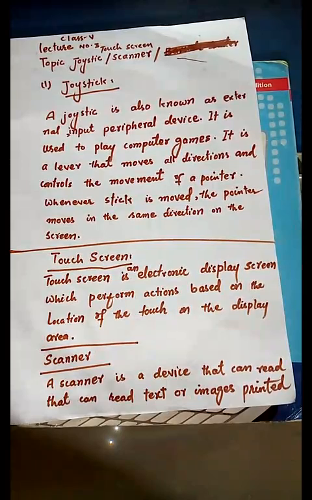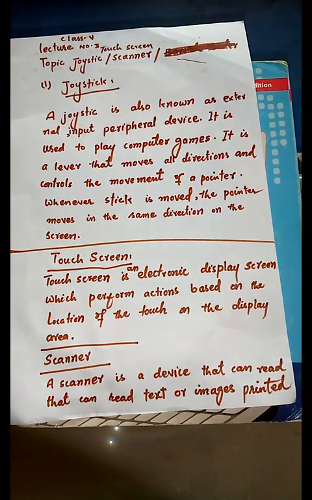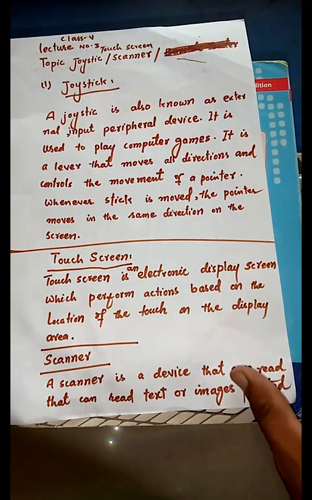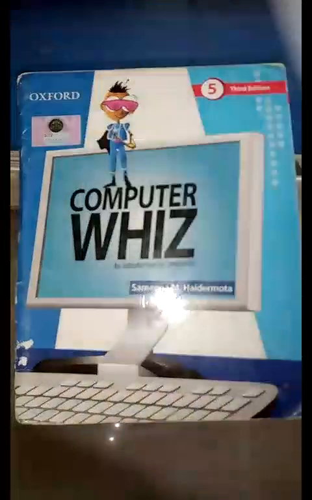Third number, we are going to discuss about scanner. A scanner is also one of the input devices that can read text or images printed on paper and translate information into a form the computer can store.